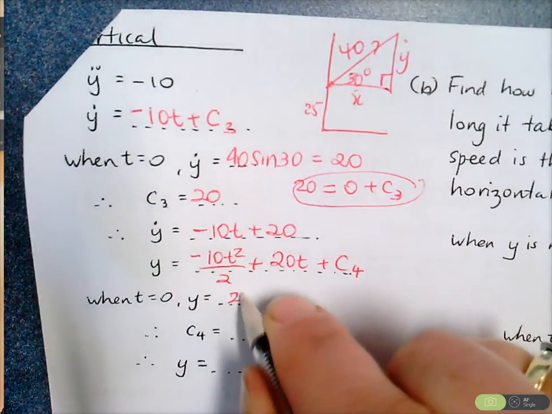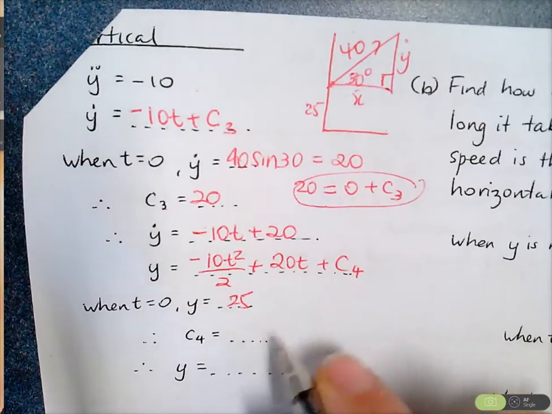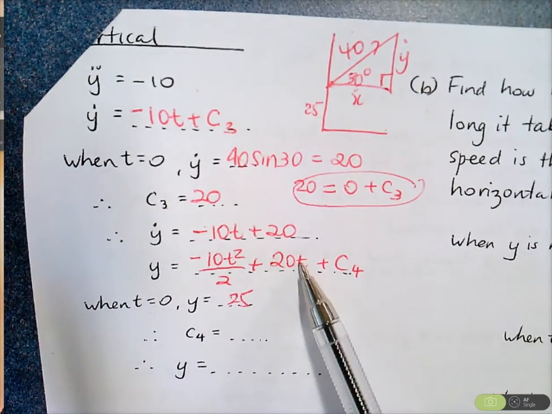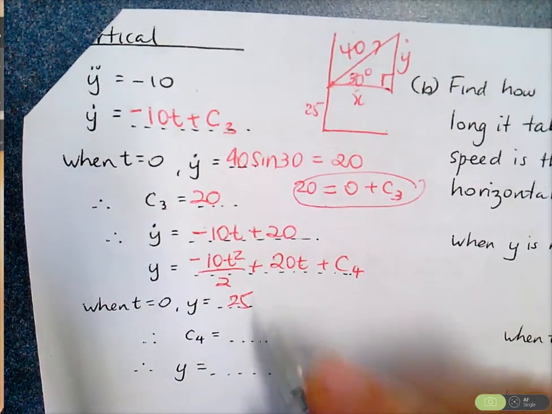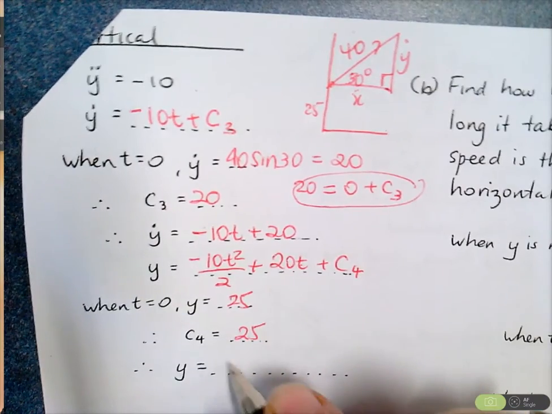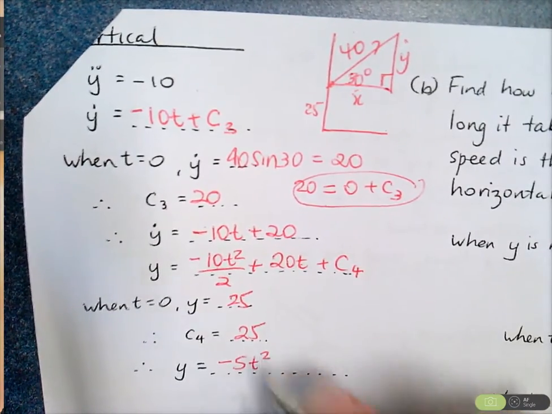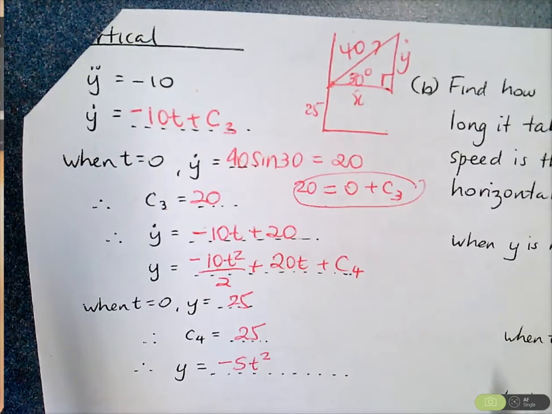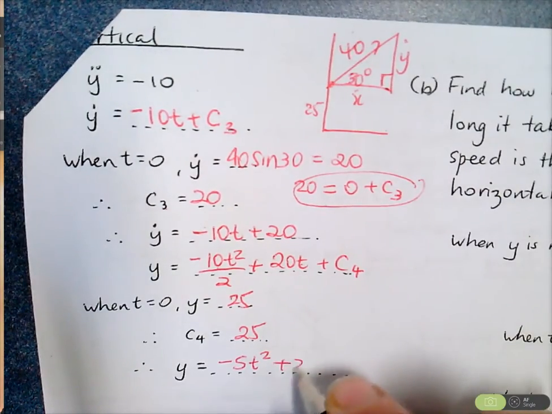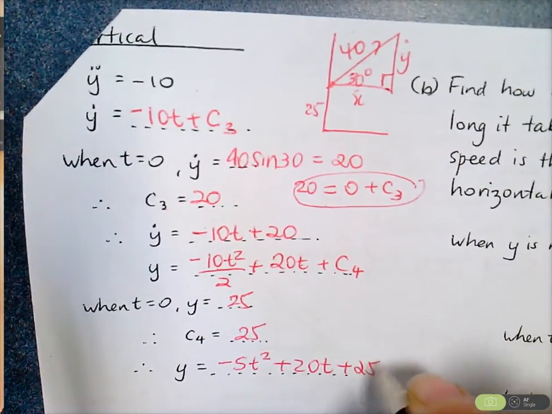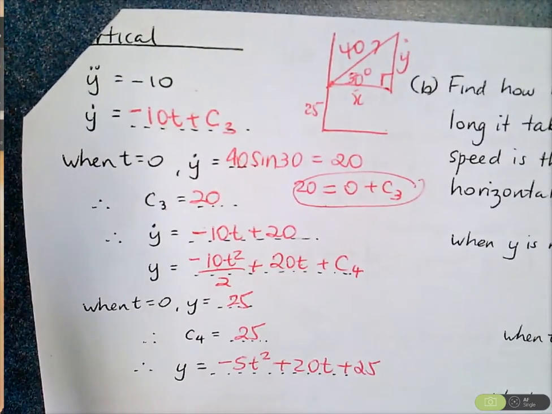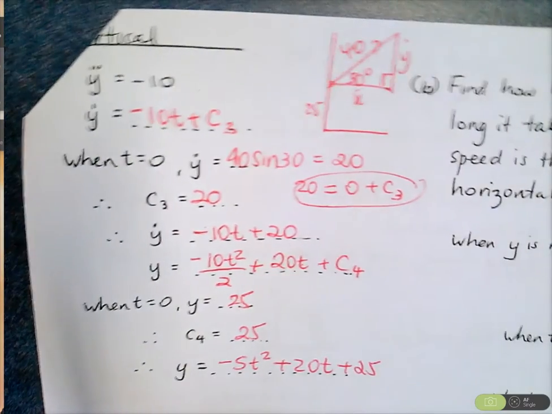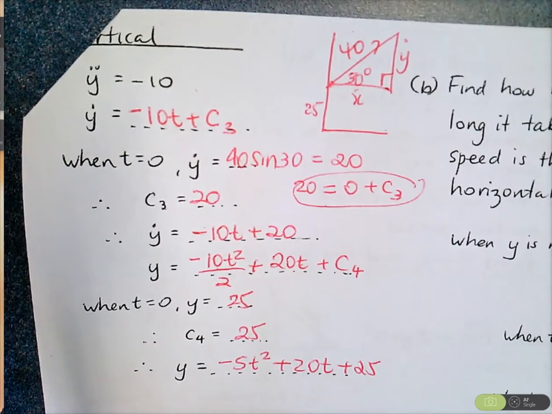I want to put it as 25. So if you put t is 0, y is 25, what do you get for c4? 25. So therefore, y is negative 5t squared, because negative 10t squared on 2 is negative 5t squared, plus 20t plus 25. Please do not take where it left as the origin, because when you start answering other questions later, if they tell you to take it as the origin, you have to.